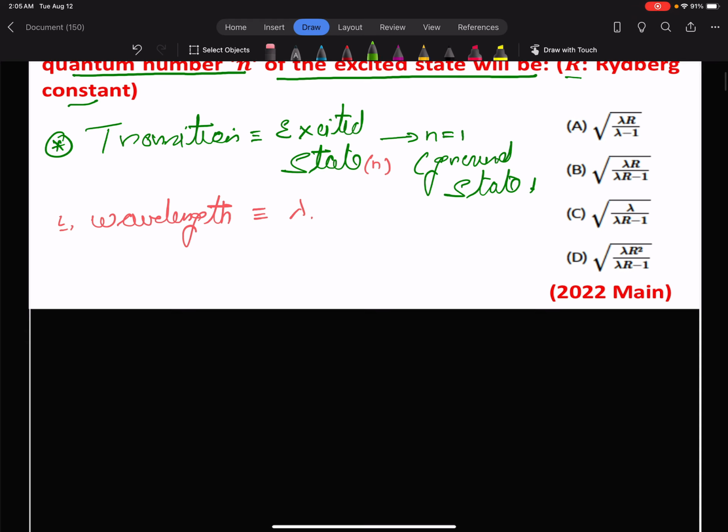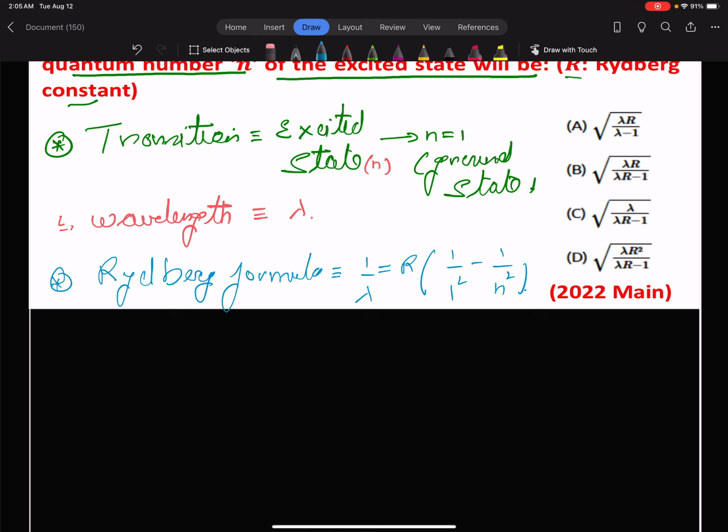Therefore, we can write the Rydberg formula, which gives us 1 upon lambda is equal to R times (1 upon 1 square minus 1 upon n square).